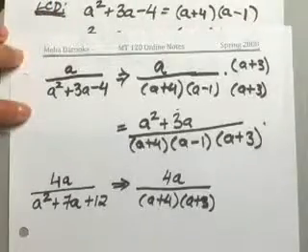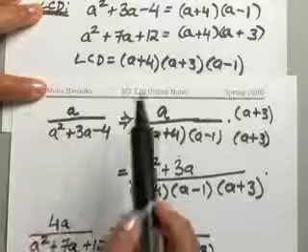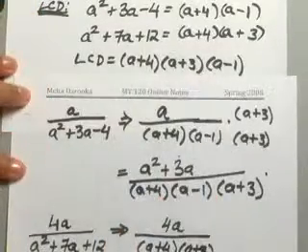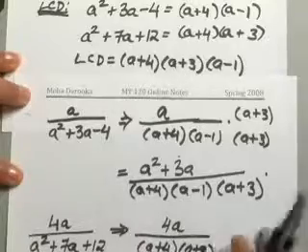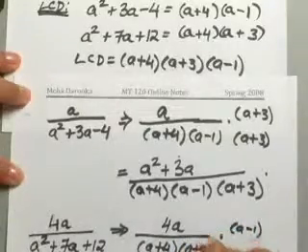Now let's compare this with our least common denominator. Your least common denominator is a plus 4, a plus 3, a minus 1. You have a plus 4 and a plus 3. What you're missing is the a minus 1 factor.